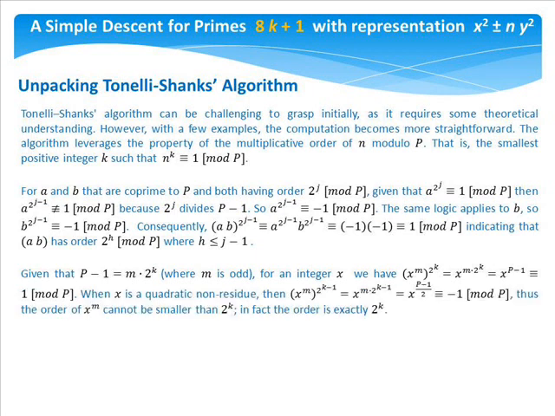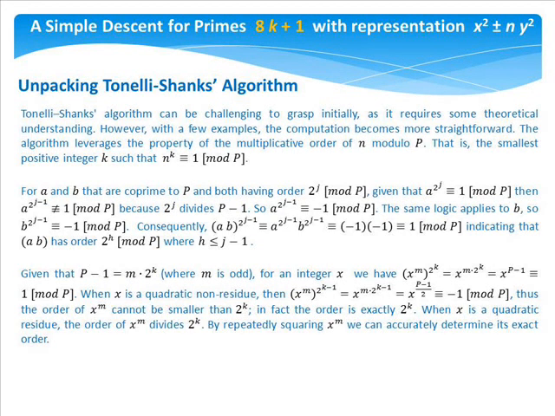When x is a quadratic non-residue, then (x^m)^(2^(k-1)) equals x^((p-1)/2), which is congruent to minus 1 modulo p. Thus, the order of x^m cannot be smaller than 2^k. In fact, its order is exactly 2^k.